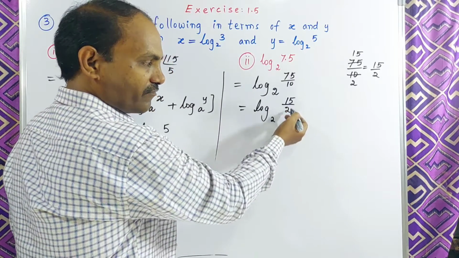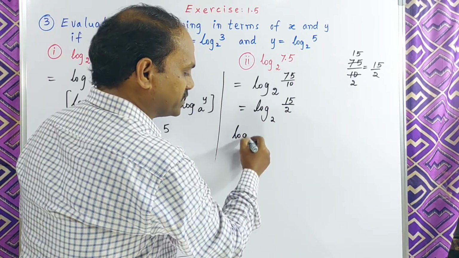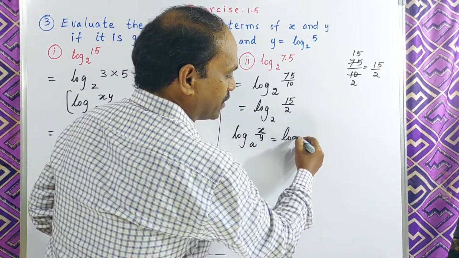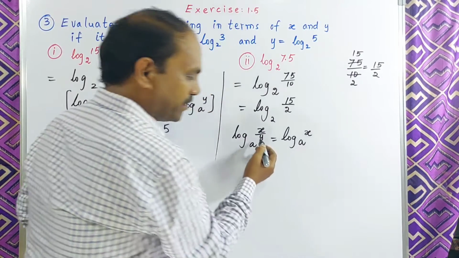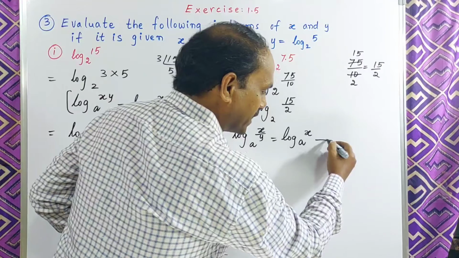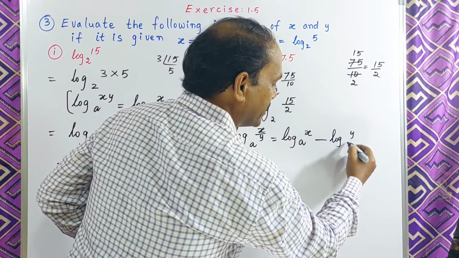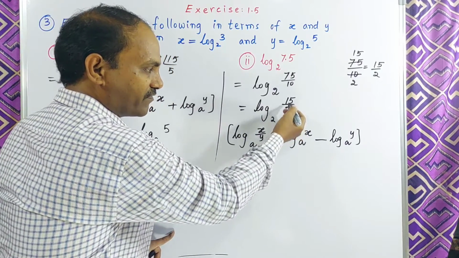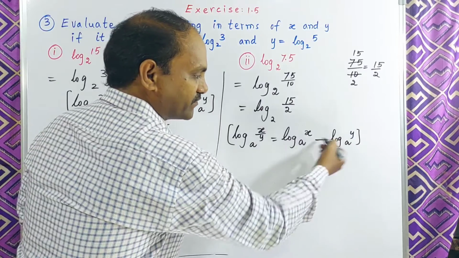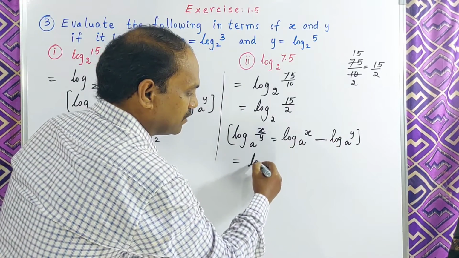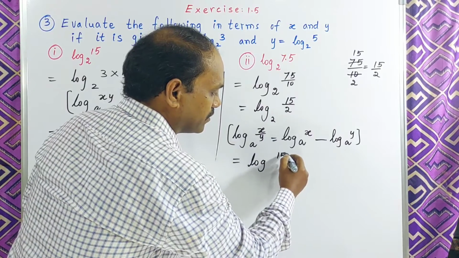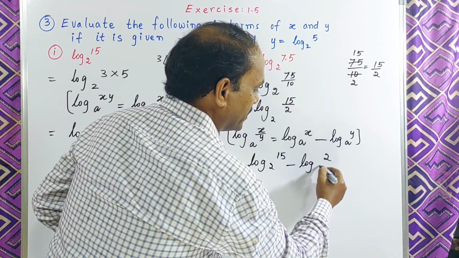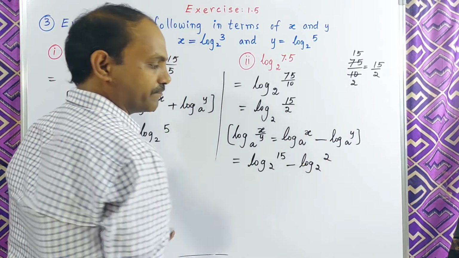Now a fraction comes here, so by using the formula log x by y to the base a equals log x to the base a minus log y to the base a, we can write the expanded form: log 15 to the base 2 minus log 2 to the base 2.